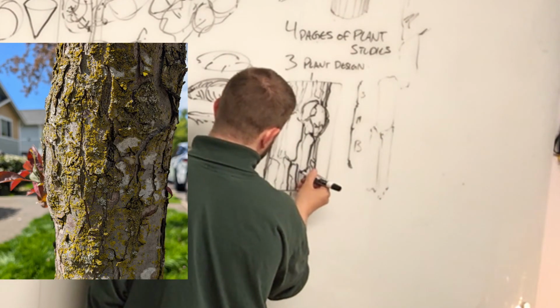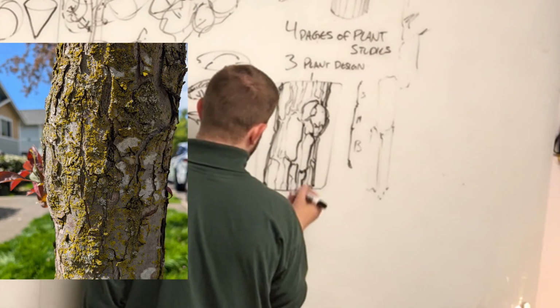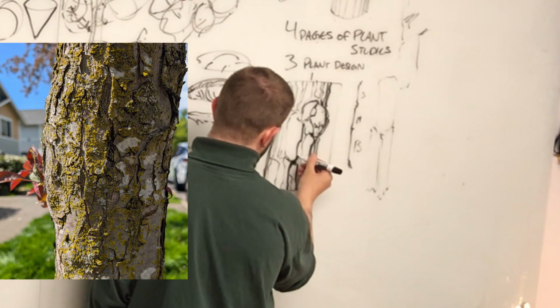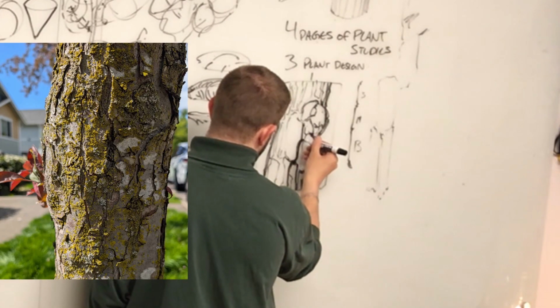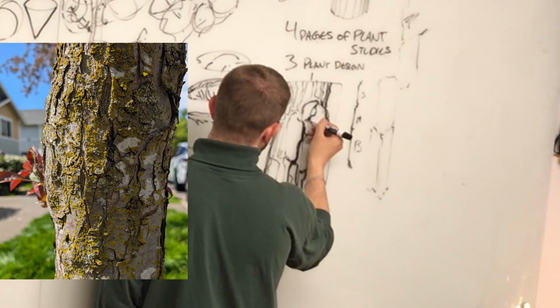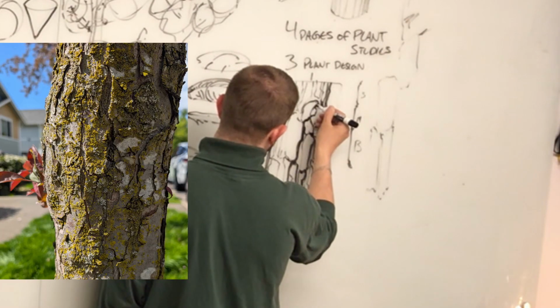Try to connect it all into one big shape if you can. Not one big shape, but anywhere there's an opportunity to connect some of the shadows, take that opportunity. Instead of just having thick lines, we can add more shapes. We can design more shapes. Make everything feel a little bit more connected.